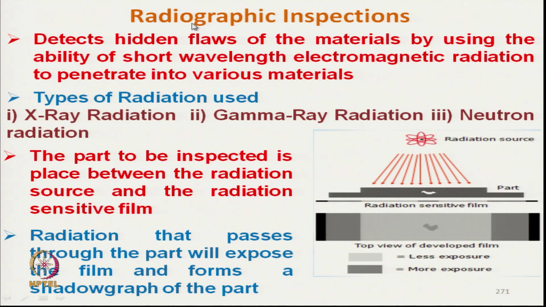Radiographic inspection, where different types of radioactive electromagnetic waves like X-ray, gamma ray and neutron radiation are passed through the composite. On the other side there will be a photographic plate. In case of any defect or void content, more rays will pass through, and that will show up as a darker, more exposed portion, which gives us an idea about the presence of a defect there.